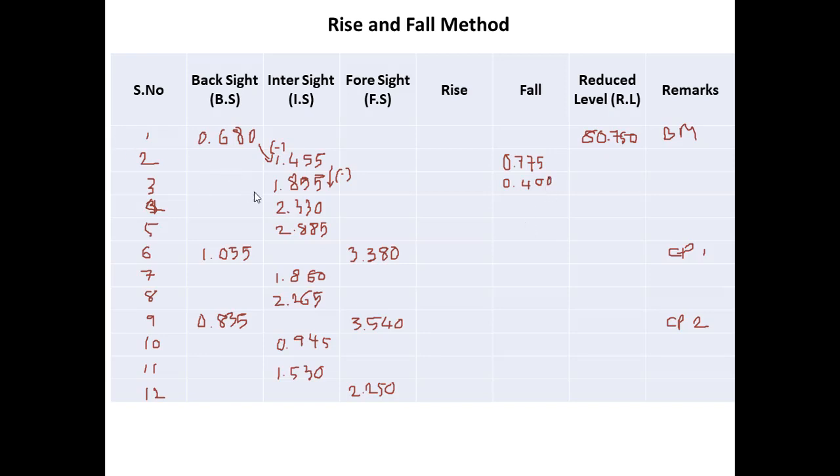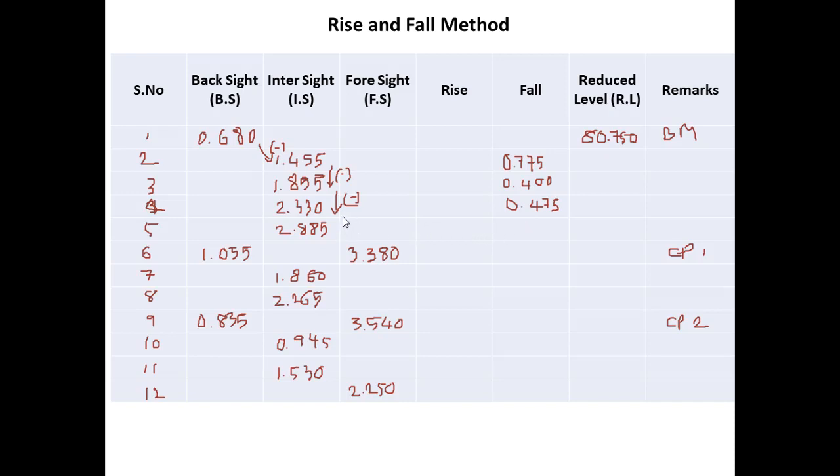Then 1.855 minus 2.330, minus 0.475, so minus indicates falling of ground, so I have to write under the column of fall, the reading 0.475.